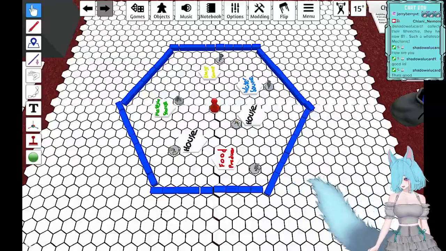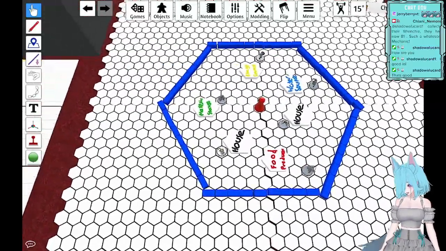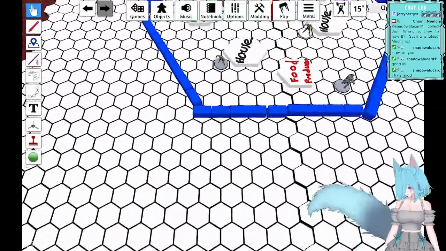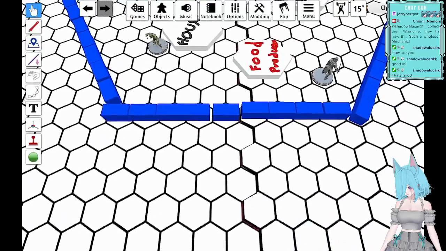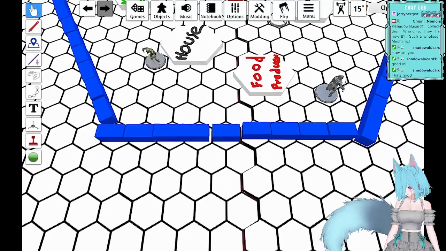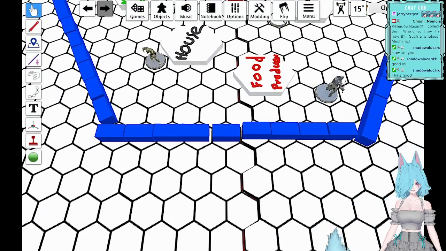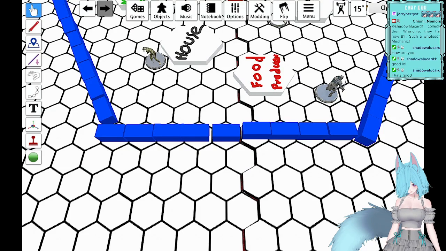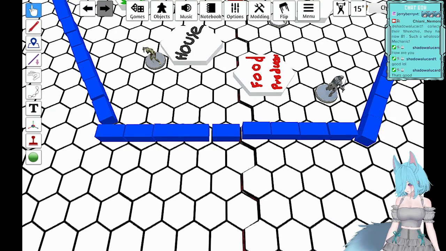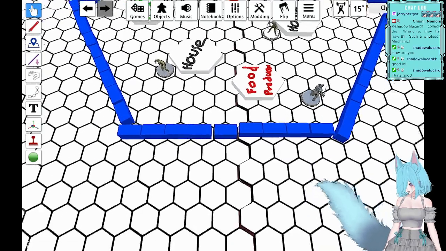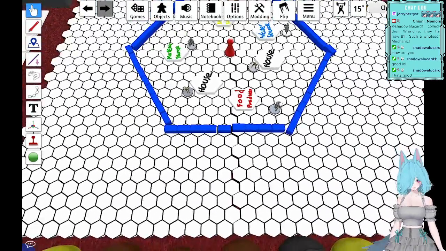What credit that doesn't go to Aneko is those bad cuts here. You see that? These bad cuts? That was because of the game, because of Tabletop Simulator.